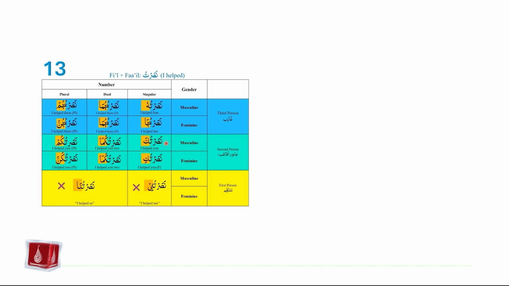Nasartuka, I helped you. Nasartukuma, I helped you too. Nasartukum, I helped you, referring to masculine and plural. Nasartuki, nasartukuma, nasartukunna. Nasartuni. This does not make sense if I say I helped me, or if I say nasartuna, I helped us.